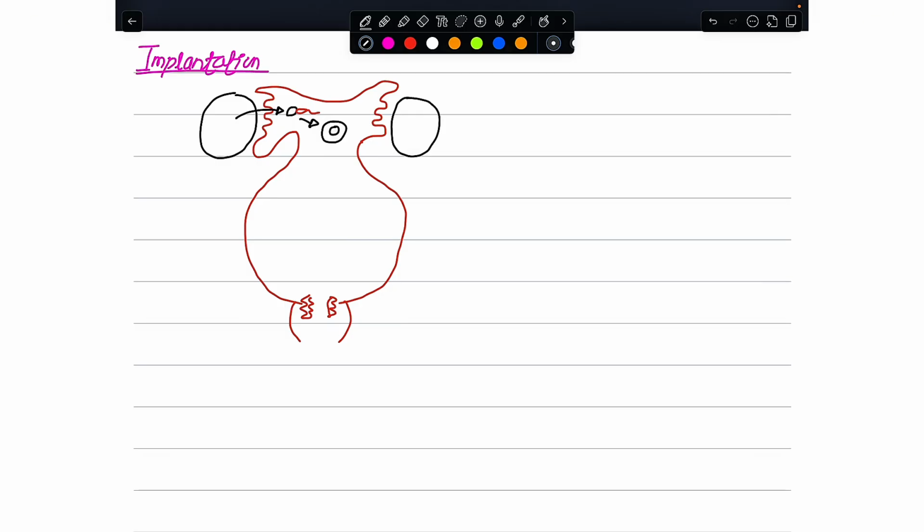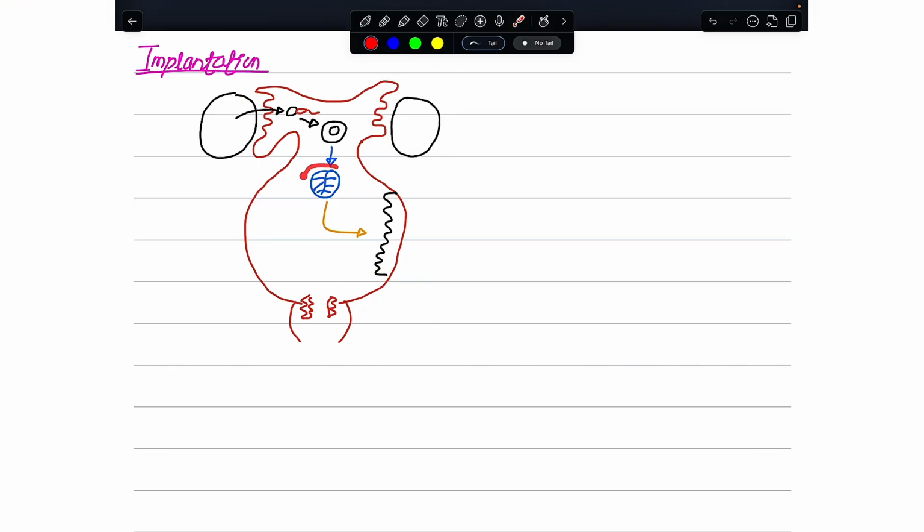Since we have to increase the size of the zygote, I compelled it to undergo the mitosis process. As a result, we made a ball of cells out of it, and this ball of cells was entitled the embryo. Now, in today's class, we are going to move this embryo toward the soft inner lining of the uterus that we call the endometrium.